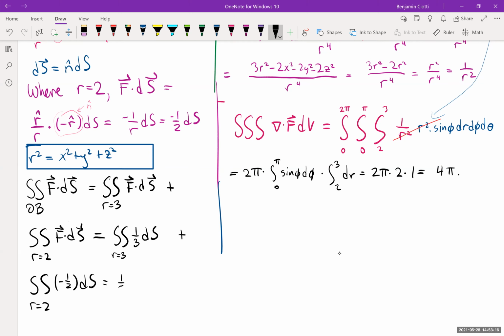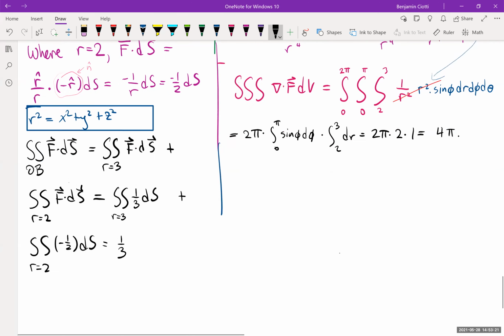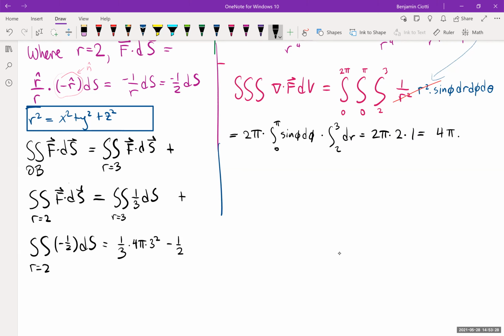So I'm going to get 1/3 the surface area of a sphere of radius 3 minus 1/2 the surface area of a sphere of radius 2. So what's this? 12 pi minus 8 pi. Hey, it's 4 pi. Same.